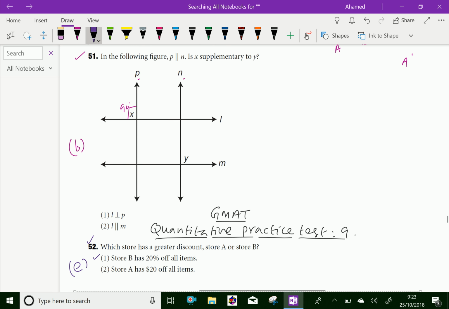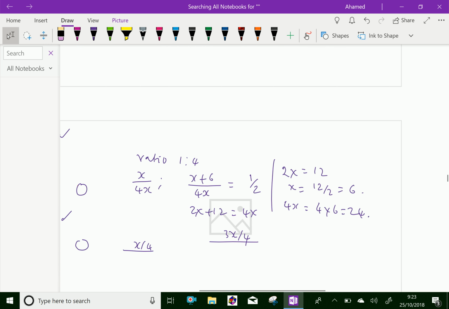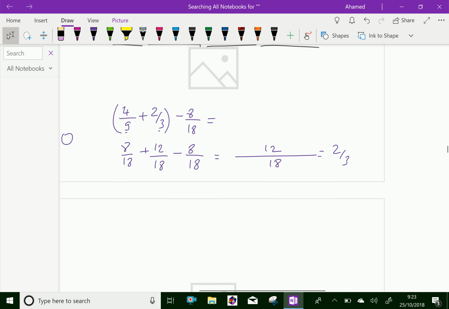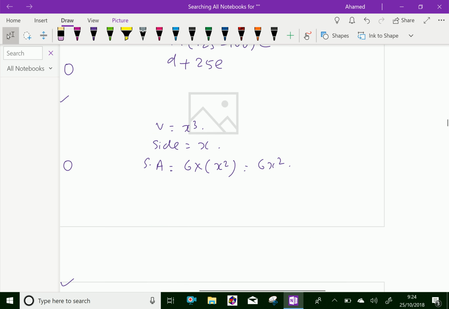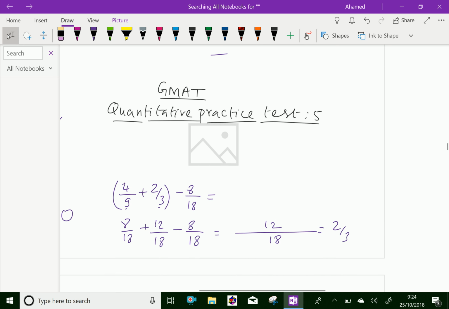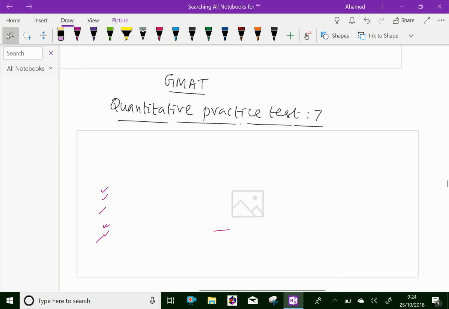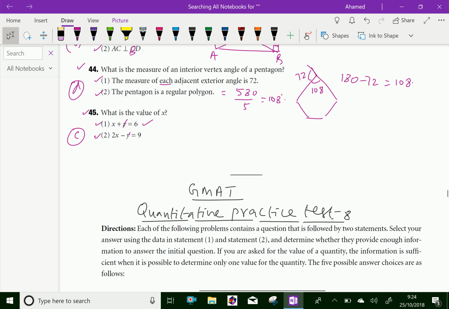Option C says that here we can get the result that x is the number between 7 and 9.